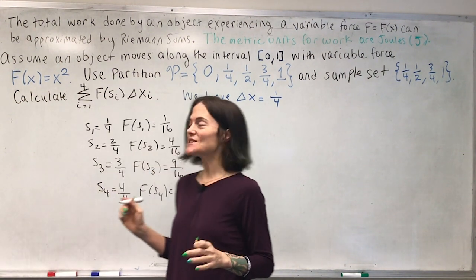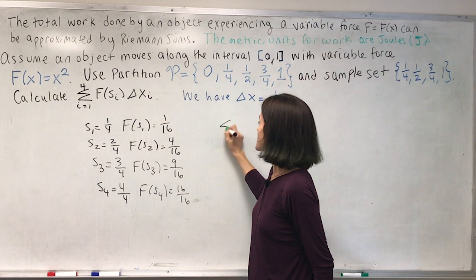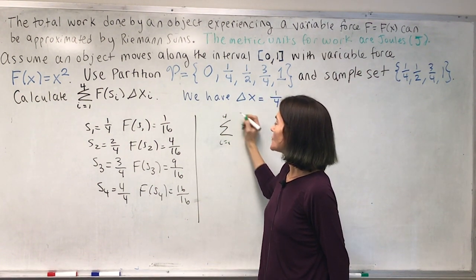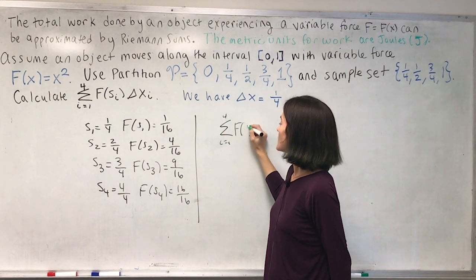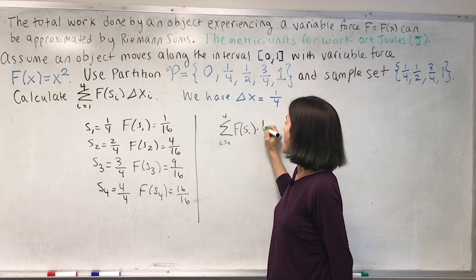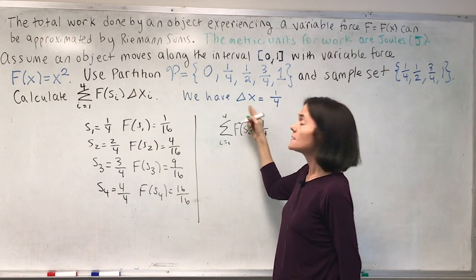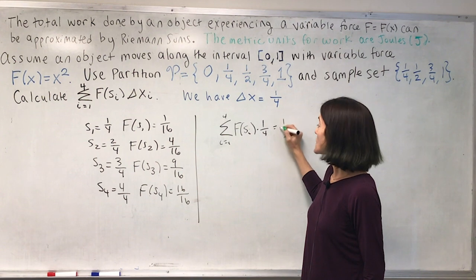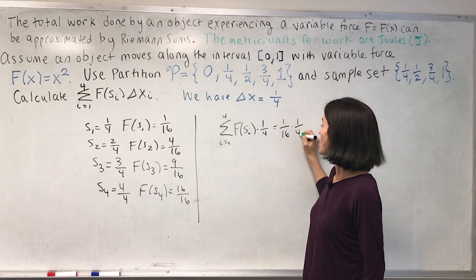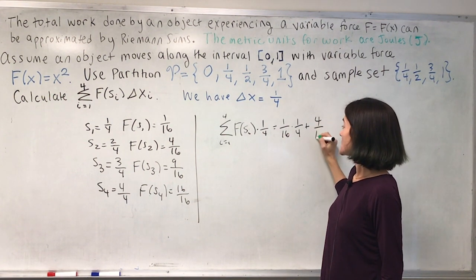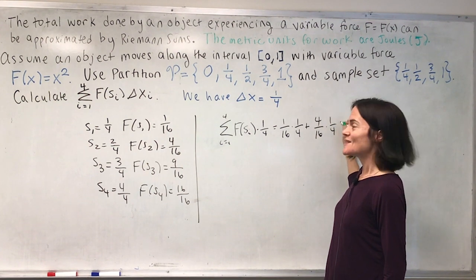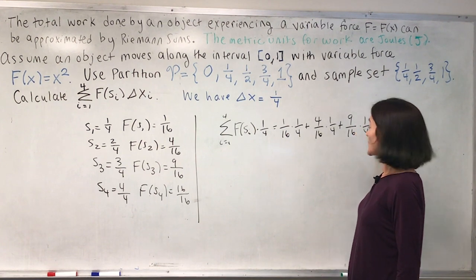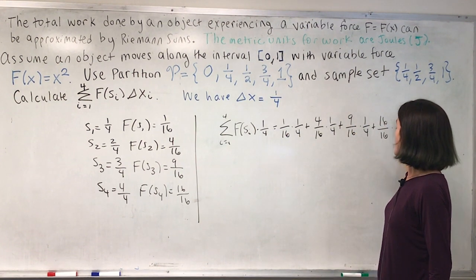Okay, now let's do our Riemann sum. So the sum, this is my side work here. I equals 1 to 4, we have f of si, and then we have this constant, all equal length subintervals. Delta x is 1/4. So this is 1/16 times a fourth plus 4 over 16 times a fourth plus 9 over 16 times a fourth plus 16 over 16 times a fourth.